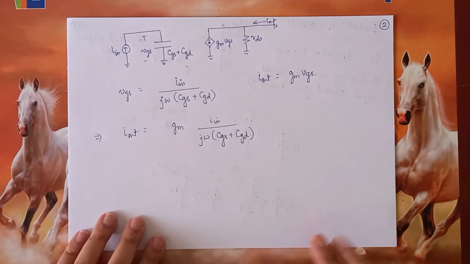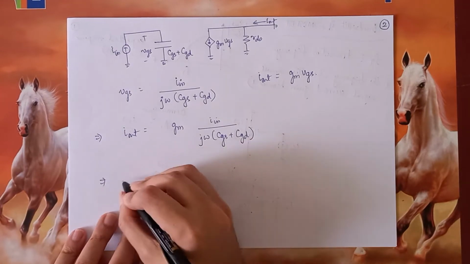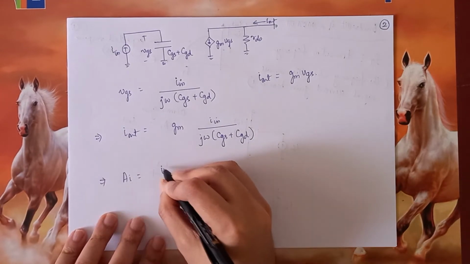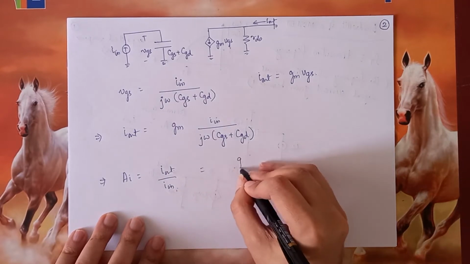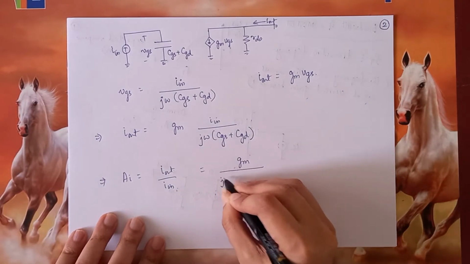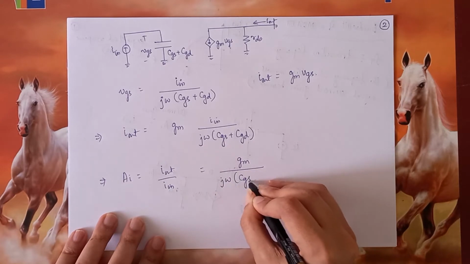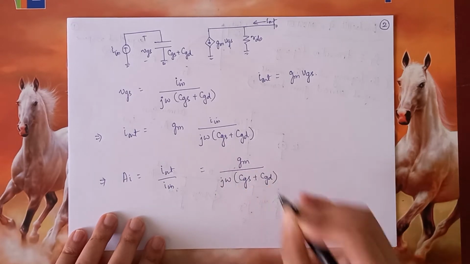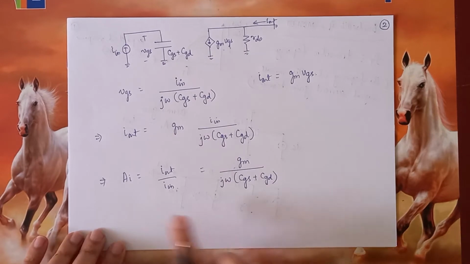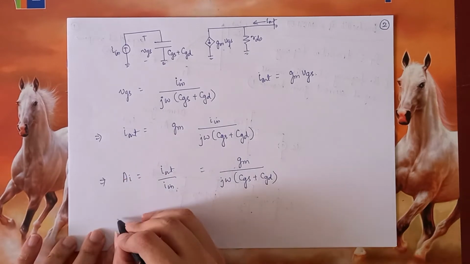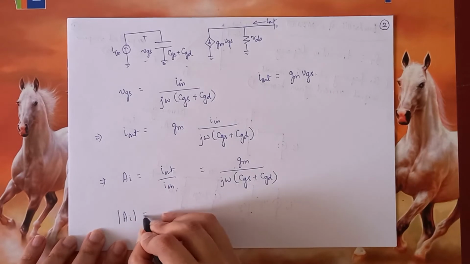So we have I in and I out on two sides of the equation. That means the current gain AI, which is I out by I in, is nothing but GM divided by j omega (CGS plus CGD). So what we are interested in is the magnitude of this current gain and when it becomes 1.